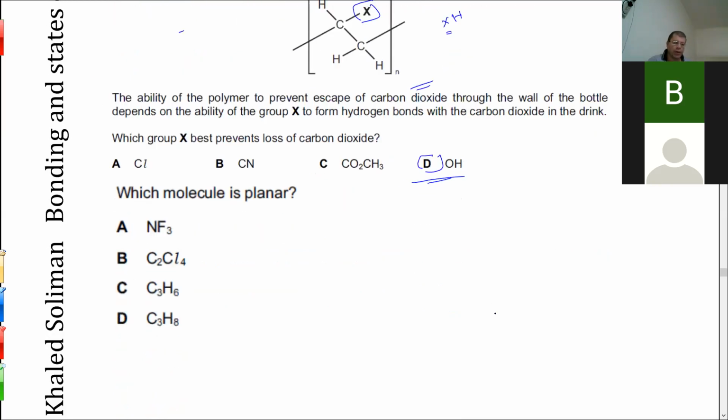Asking you which molecule here is planar structure. N has lone pair of electron and a free one in this side and one in the other side. Terminal. Not this. C2H4 or C double bonded C, Cl here and Cl here and Cl here and Cl here.